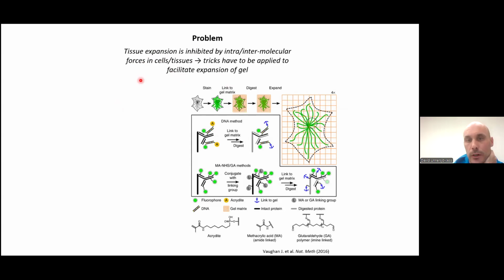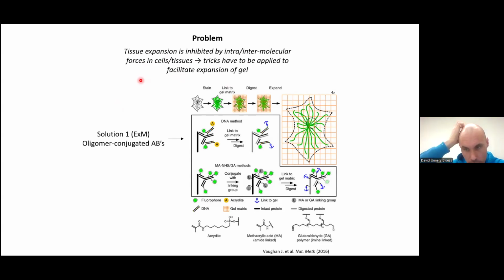So what you usually have to do is digest your samples, using very strong enzymes like proteinase, to allow for this expansion to happen.